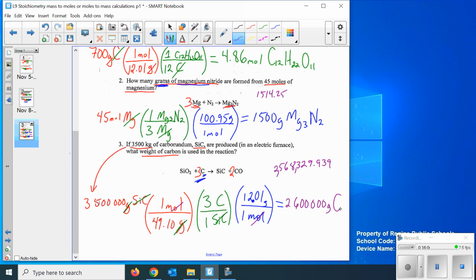Okay. When you're talking about those kind of masses, like when you're using 3,500 kilograms, coming out with 2,600 kilograms, rounding off does make sense, because in industrial applications you're not going down to plus or minus 4.